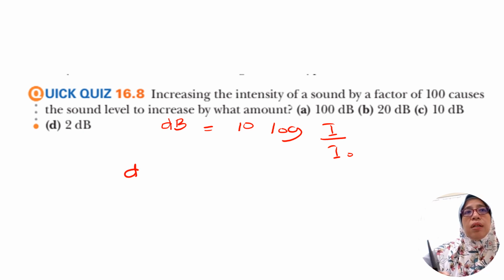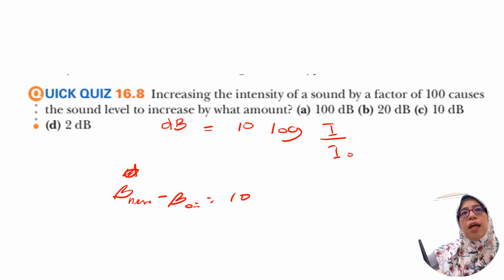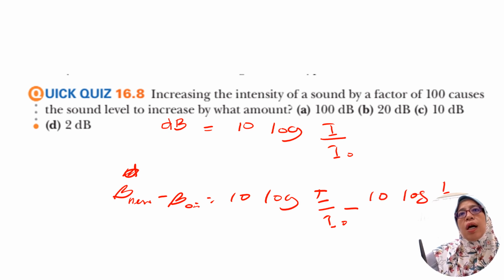The new one, we tend to write it as this one. Untuk dia macam ni. New minus the original. And then this expression, 10 log I over I naught minus, again the same expression, 10 log I over I naught. The only thing that we make a comparison, because now increased by 100, it's going to be this.